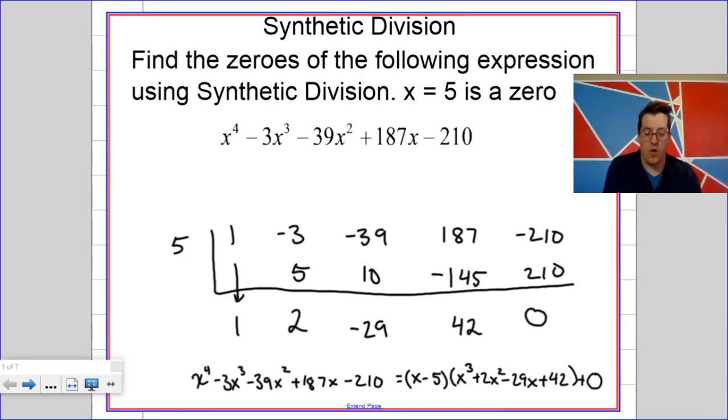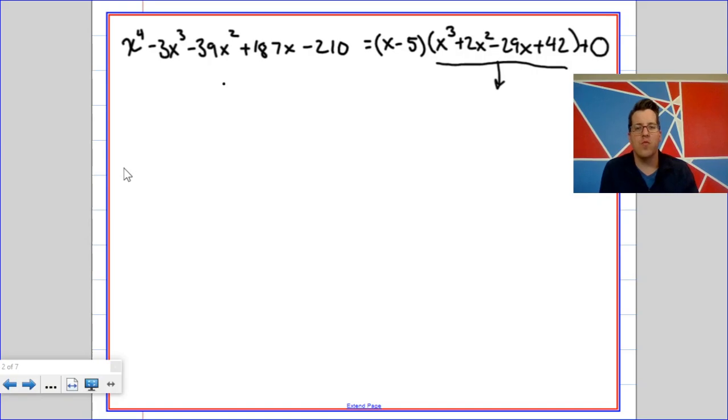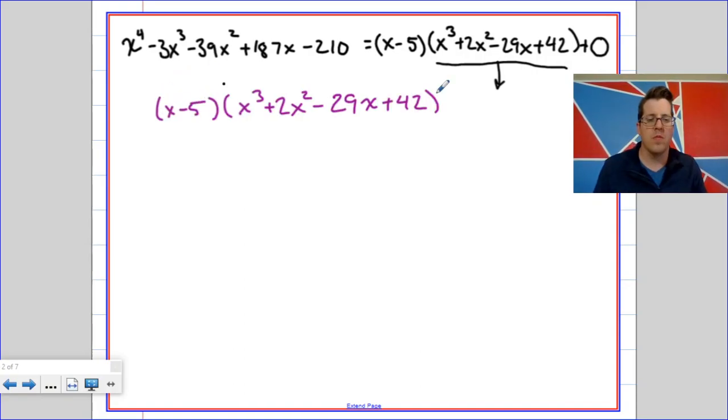So this is where we were at. We had taken this rather large polynomial, and we were able to break it down to this. The plus 0 up here is because we found that there was no remainder, but we don't need to write a plus 0.